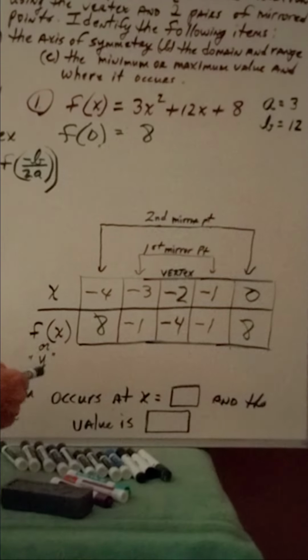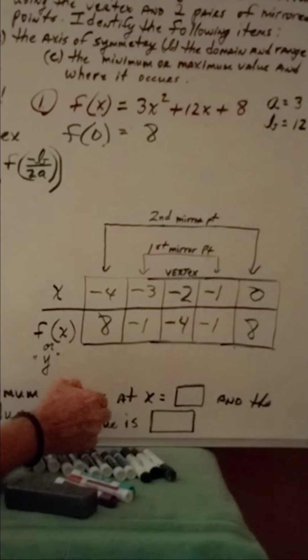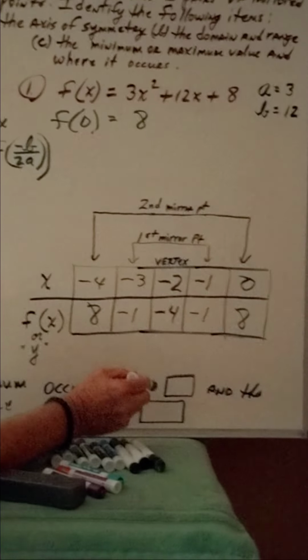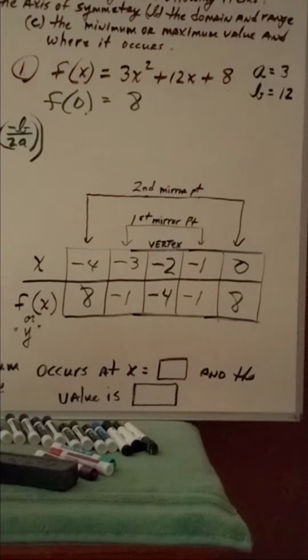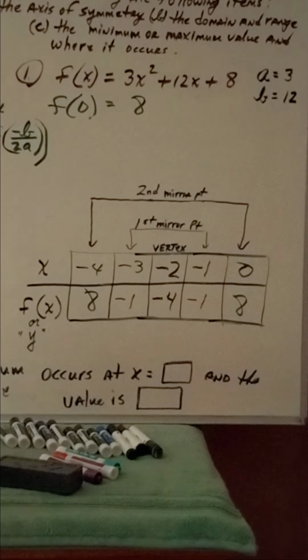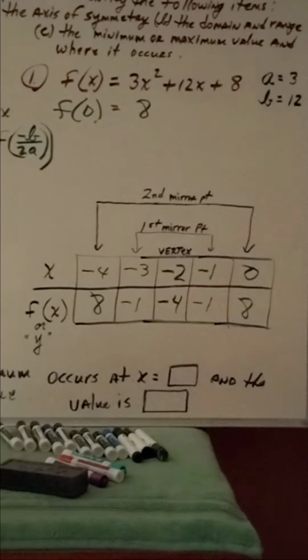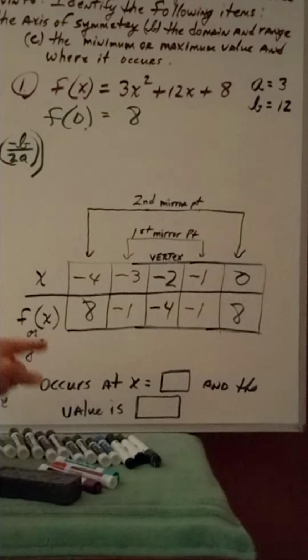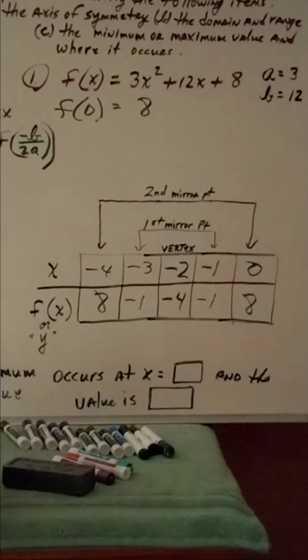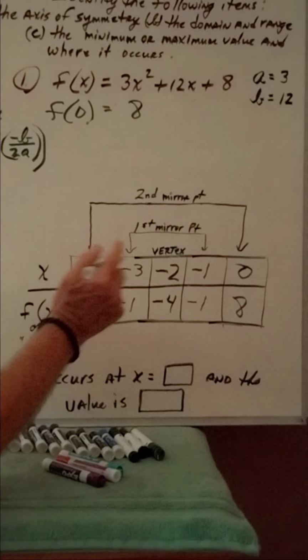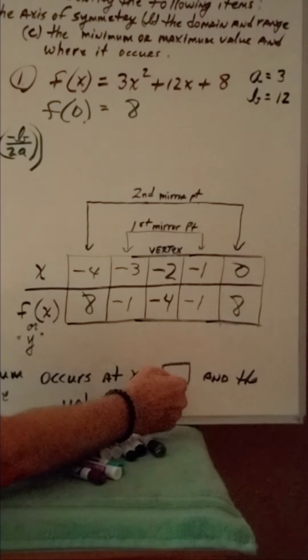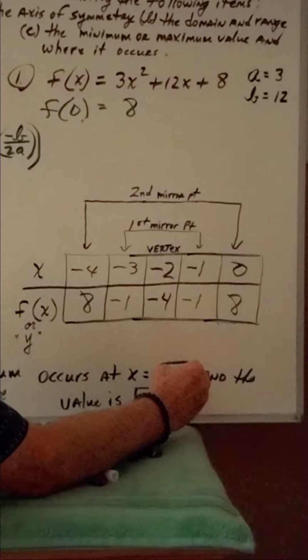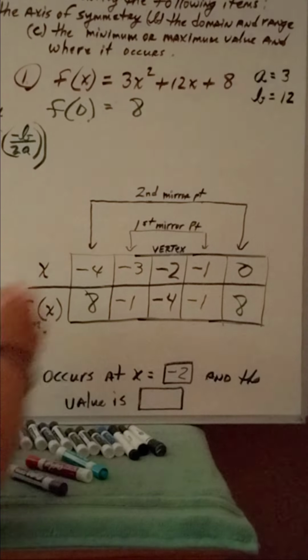The minimum or maximum value will always occur at x is equal to whatever the x value of the vertex is. So it's going to occur at x is equal to -2.